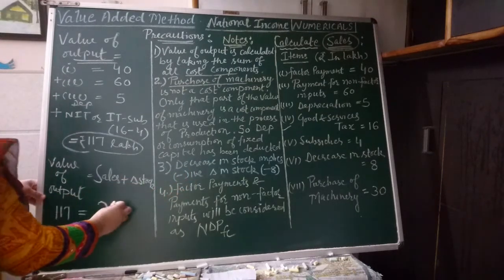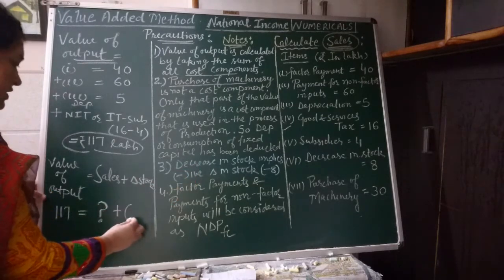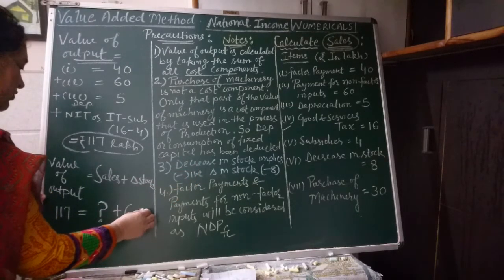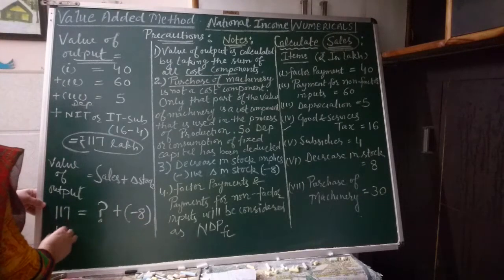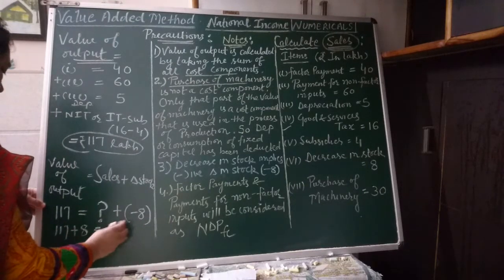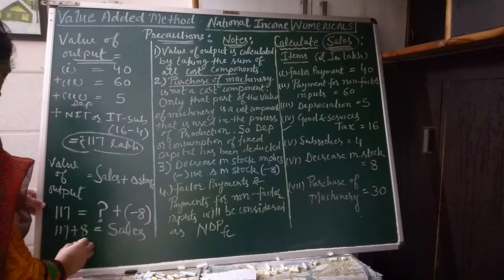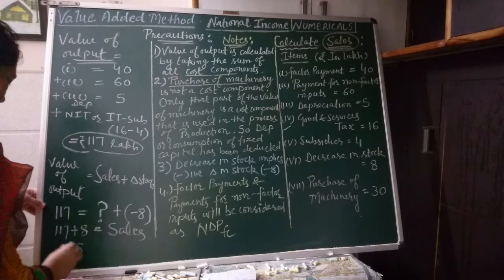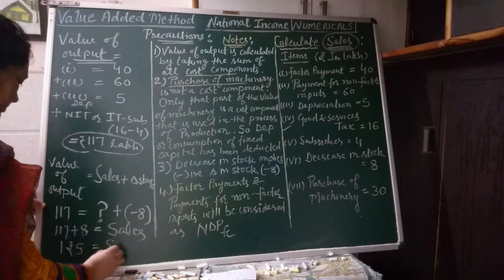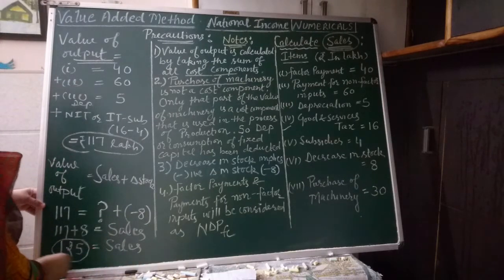Instead of change in stock, decrease in stock is given. The value will be considered as a negative value. So 117 plus 8 will be equivalent to sales. So the value of sales will be 125 lakh rupees. So that would be the answer.